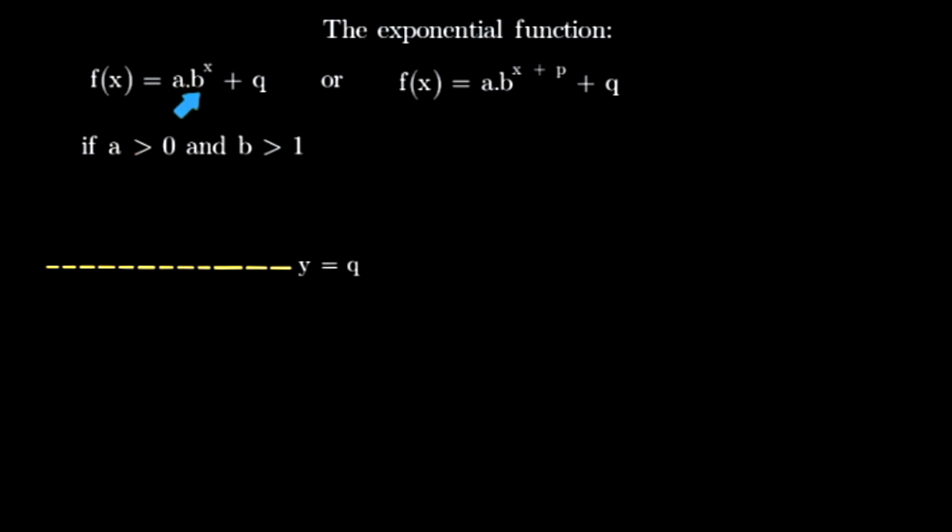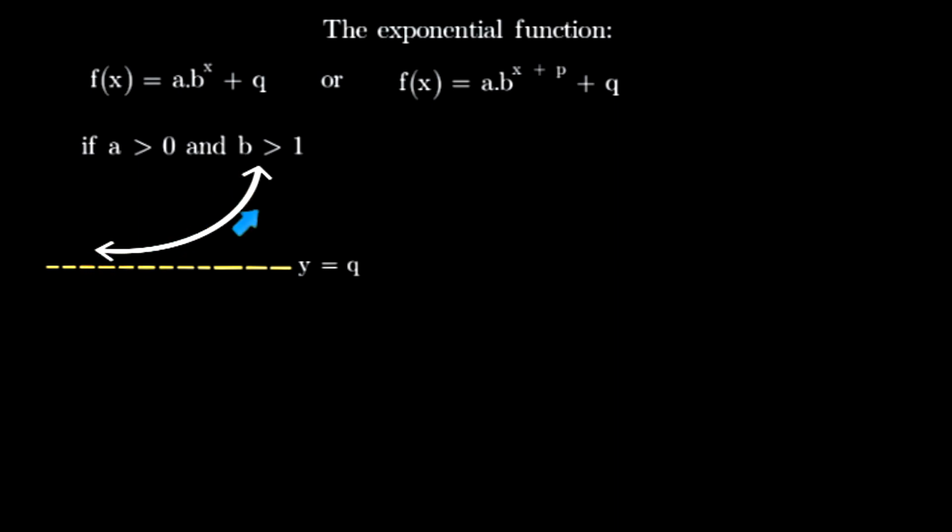Then we go to our base. That is the value that contains the exponent. If this base is a value greater than 1, for example 2, 3, 4, 5, 6 and so on, well, we know that we can draw our exponential function from left to right away from the asymptote. Got it? So if b is greater than 1, we draw our function away from the asymptote.